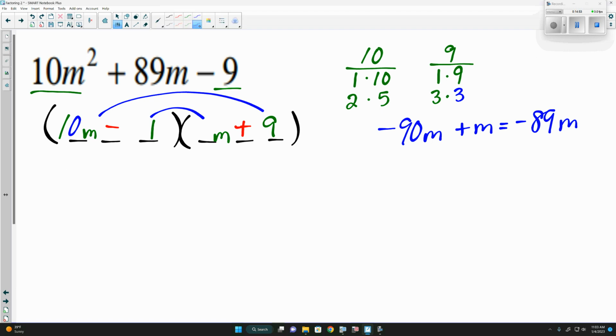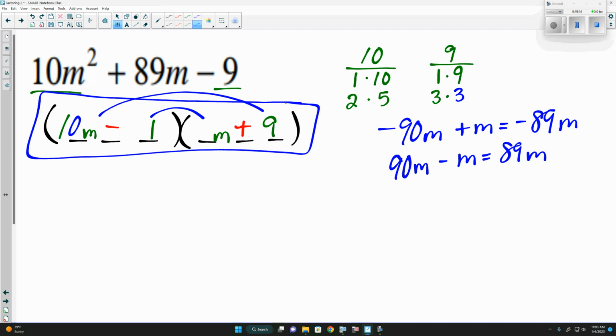Because if we check this again, 10m times +9 is 90m. -1 times m is -m, which gives us a positive 89m. So if we get the correct number but wrong sign, we just have to flip the signs. And these here are the correct factors.